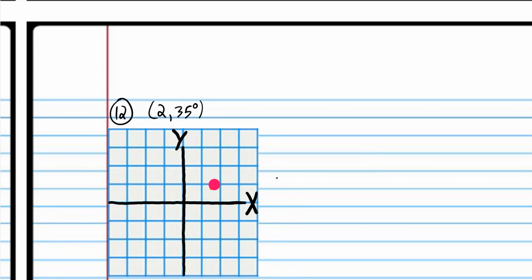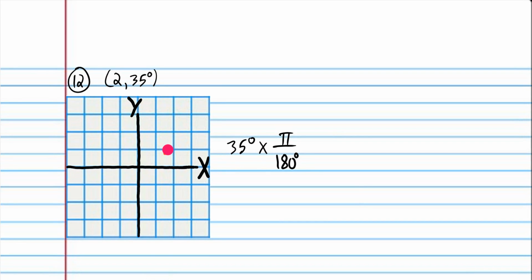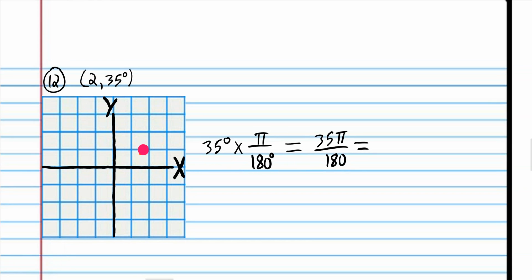And we need to convert 35 degrees to radian units, but we can't do that without this conversion factor because we don't have a special angle here. 35 degrees is not a special angle. So we have 35 pi over 180, and if we divide both sides of that fraction by 5, we get 7 pi over 36.